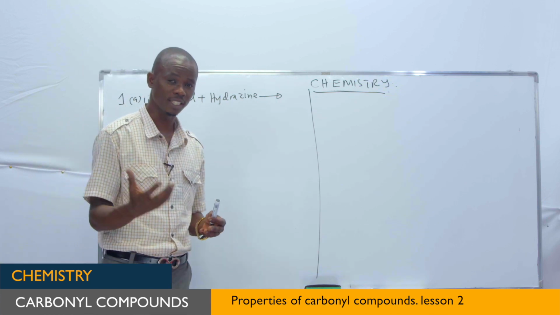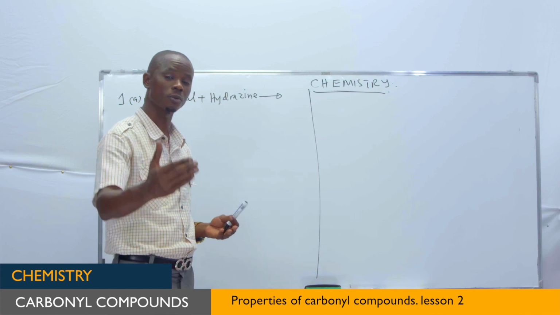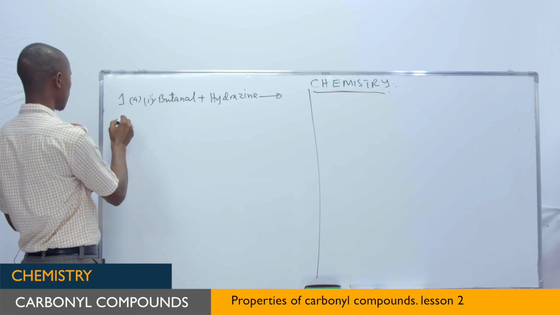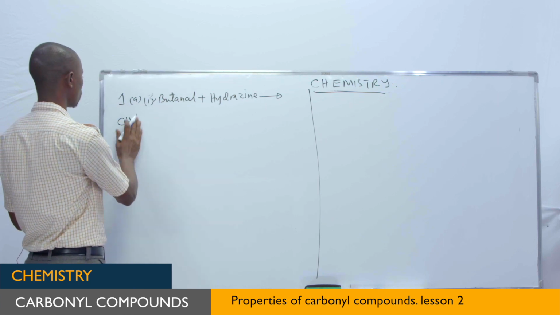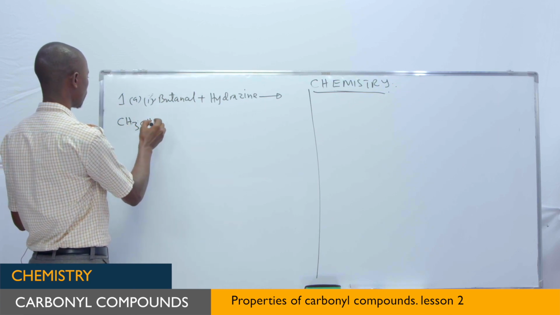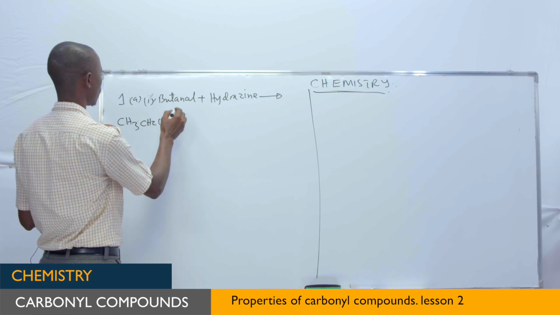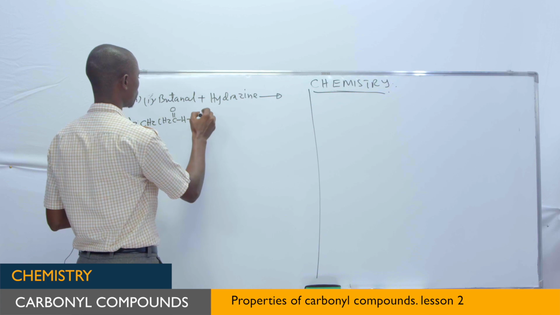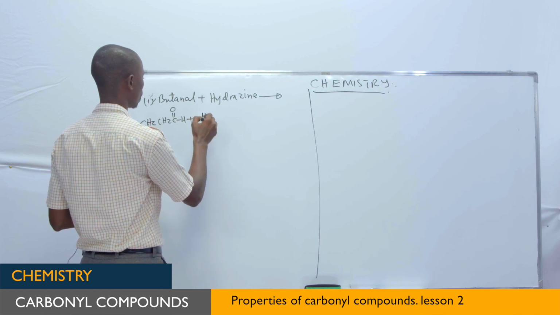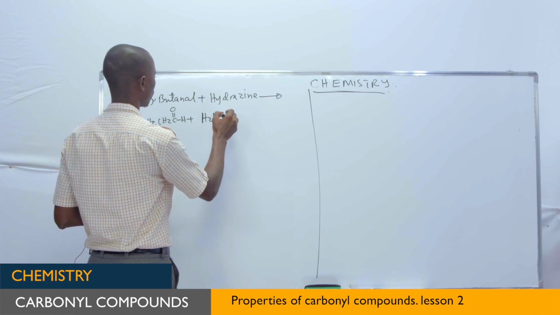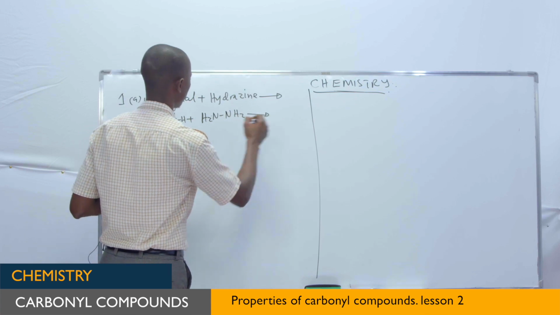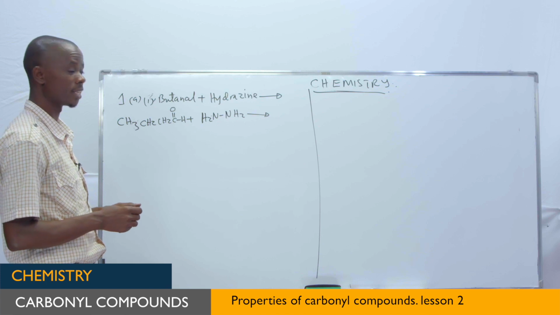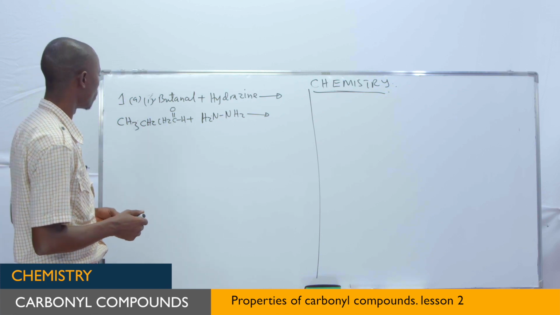Because you can have the knowledge, but if you don't know how to write the chemical formula of this compound, it becomes another problem. So butanal, which is an aldehyde, having 4 carbon atoms, can be written this way. Reacting with hydrazine, which is written this way. This is hydrazine.